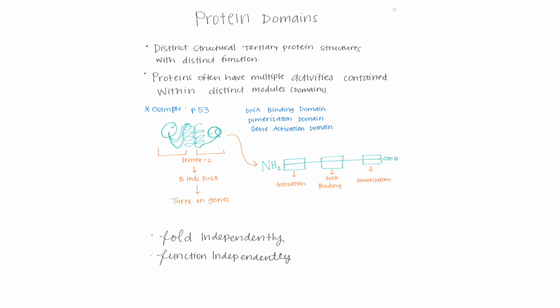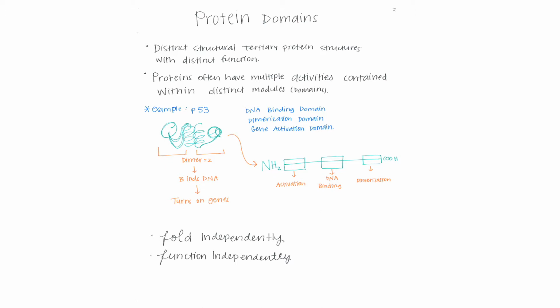Now, if you take one of those two parts of the protein and you stretch it out, like take away all the tertiary and secondary structure and just stretch it out, that's what's shown on the right-hand side. There's the amino terminus and the carboxy terminus of the protein, and I have three rectangular boxes. Those rectangular boxes represent very specific activities. They also are specific domains.